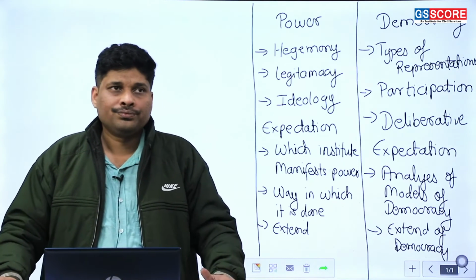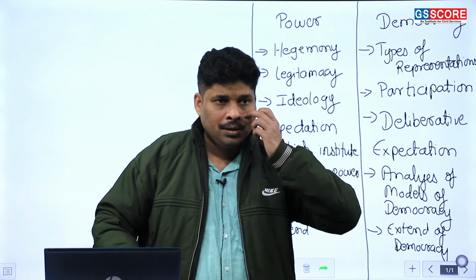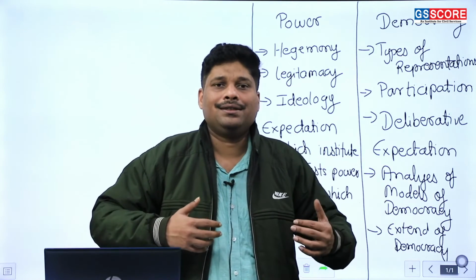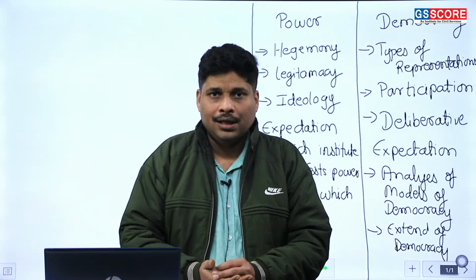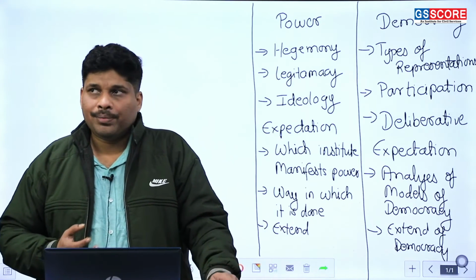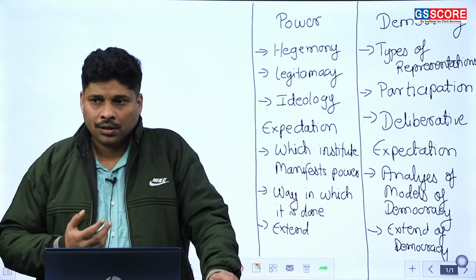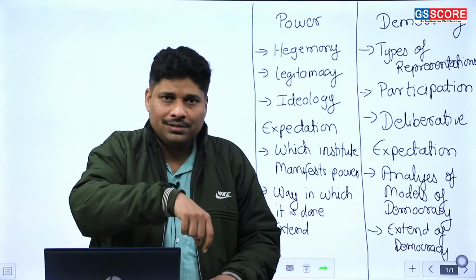Legitimacy: an institute which performs a role and that role is appreciated. For example, the Supreme Court of India. We talk about judicial activism, but judicial activism is appreciated. Judicial activism is the judiciary getting into the areas of other organs of the government.